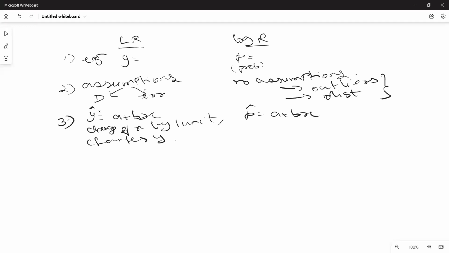It means that a change of x by 1 unit changes the log odds by how much? If x changes by 1 unit, what is the corresponding change in the log odds of that particular record? So that is the interpretation of logistic regression.